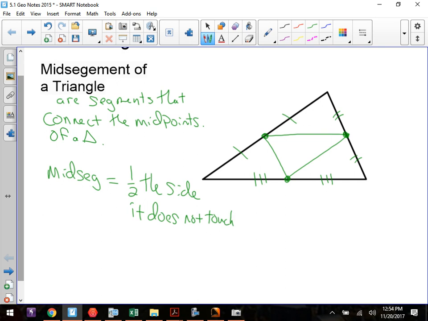It equals half the side it doesn't touch, which is really easy to see because in a triangle, how many sides do you have? 3 of them. Well, a mid-segment touches 2 of them, so by process of elimination, you only have to worry about one other side.